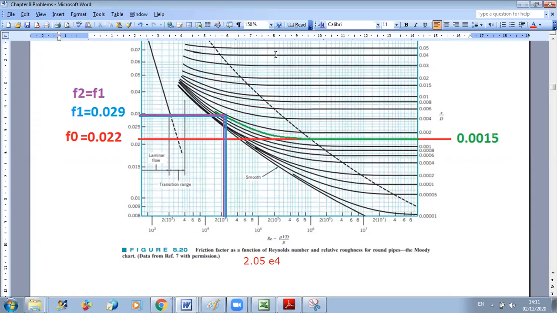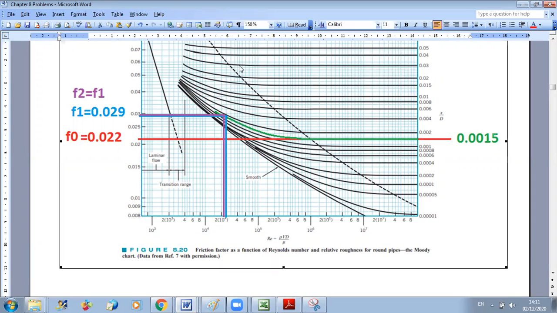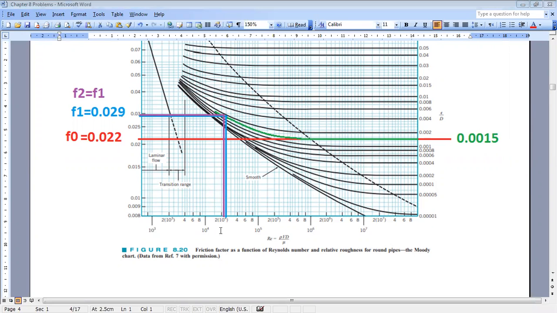As you can see, the two lines are very close to each other. This second line corresponds to 2.05 times 10 to the power 4.